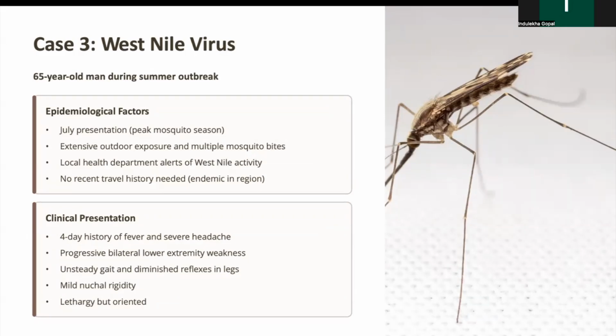The clinical presentation: a 4-day history of fever, severe headache, progressive bilateral lower extremity weakness, and unsteady gait. There are diminished reflexes in the legs, nuchal rigidity, the patient is not oriented, and there can be lethargy.